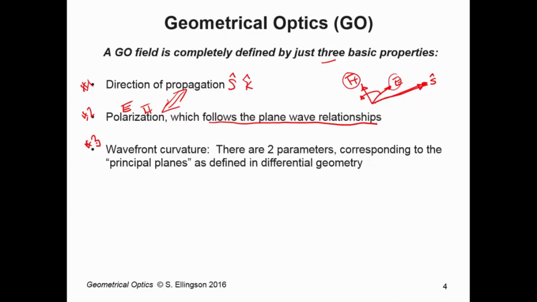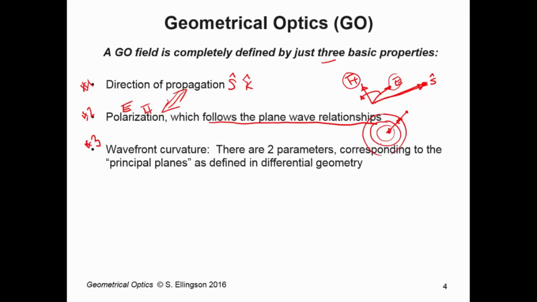But let me explain what I mean. If I have a spherical wave that's emanating out from some point, and I look at a surface of constant phase, then I consider the radius of curvature in every plane that's perpendicular to the normal. I measure the same radius of curvature, namely the distance from the source.